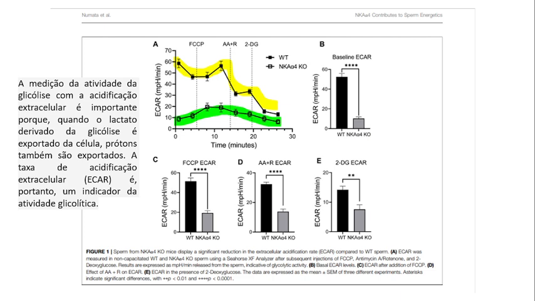So this acidified extracellular medium. When you have alpha 4 there, you can see here printed in yellow that you have really high levels of acidification, extracellular acidification, showing that we have glycolysis happening in the right way.